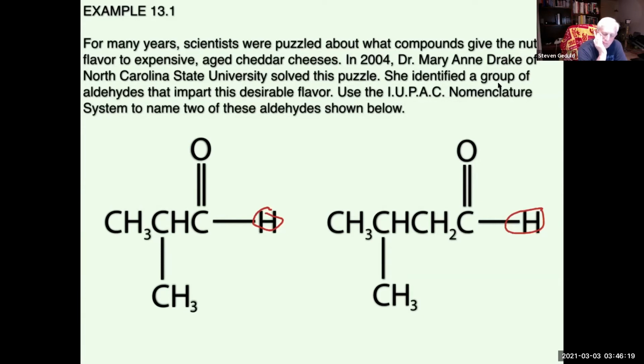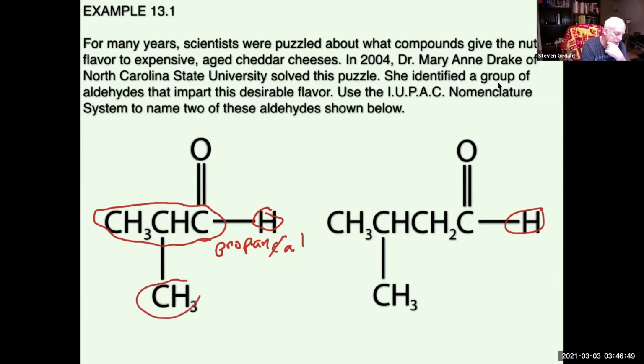And let's name the one on the left first. How many carbons in our longest chain? There's 3, right? 3 carbons is propane. And it's an aldehyde, so you drop the E, add AL. Then at the number 2 carbon, because this is number 1, this is number 2, there is a methyl group.